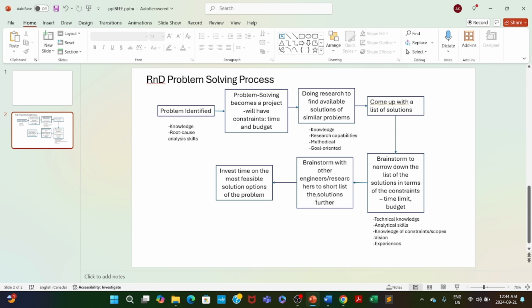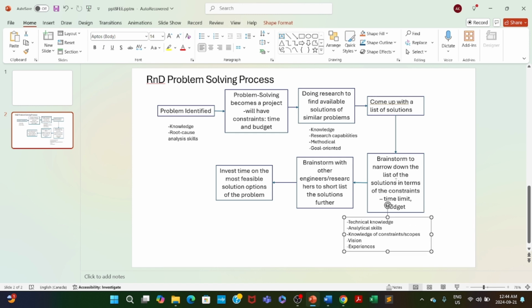And then the next step would be brainstorm with other engineers. I think these two steps can be merged together in the list.